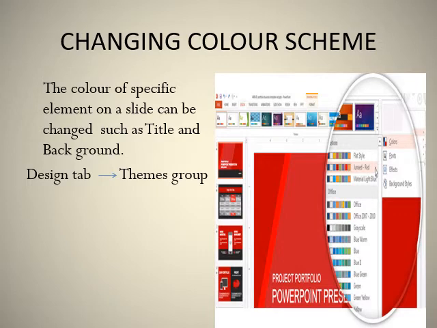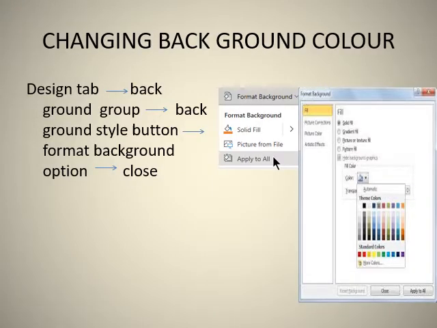Changing background color. Here we can change the background color, pattern and texture of the slide. To change the background color, we will click on the Design tab, Background group, then the Background Styles button, from which the Format Background option will come.